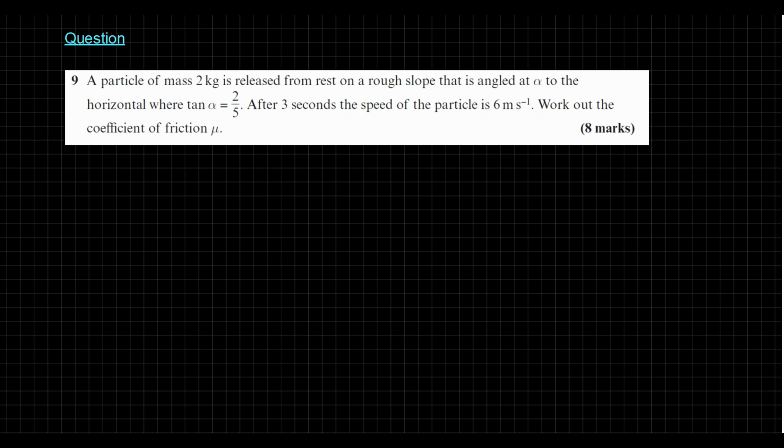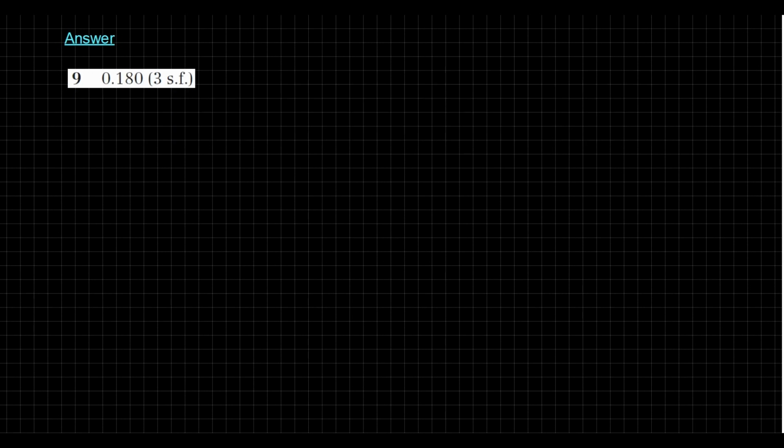Now work out the coefficient of friction. You can pause the video now. Okay, and there is the answer. That is the coefficient of friction. Hopefully you got that. 0.180 to 3 significant figures.